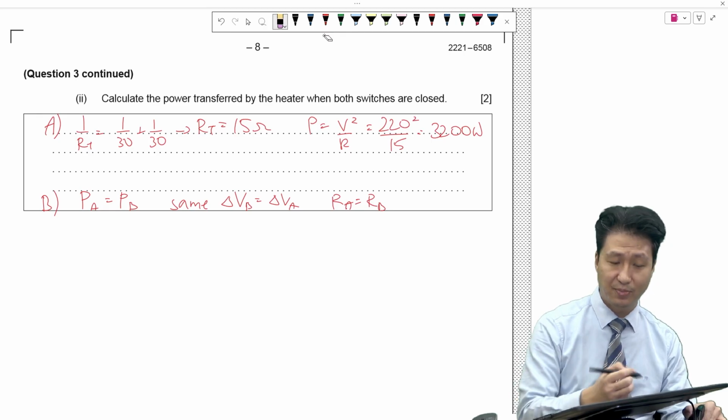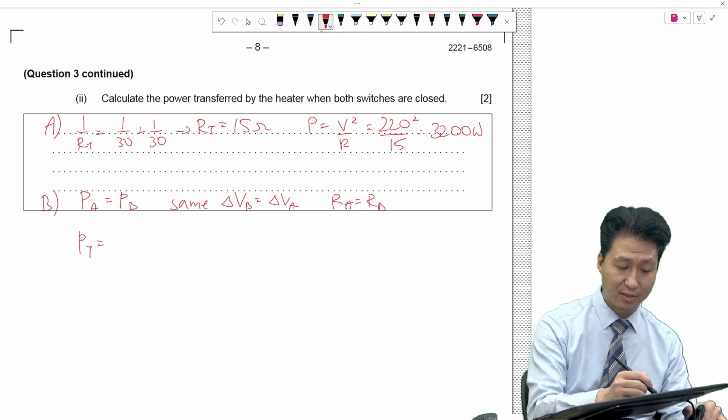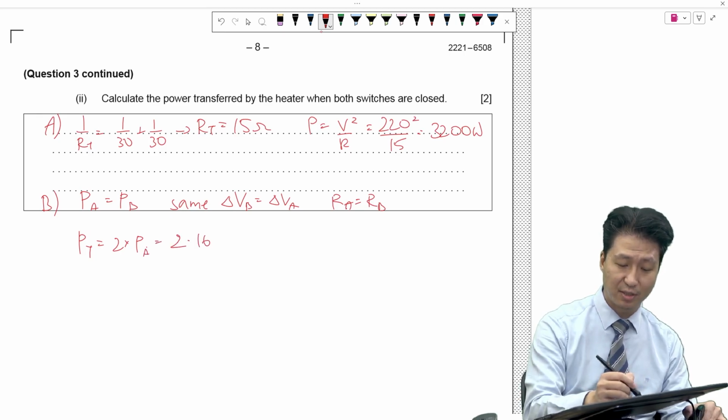So if you have two of them, the total power is simply 2 times the power of a single one. Just 2 times 1600 watts, which is 3,200 watts.